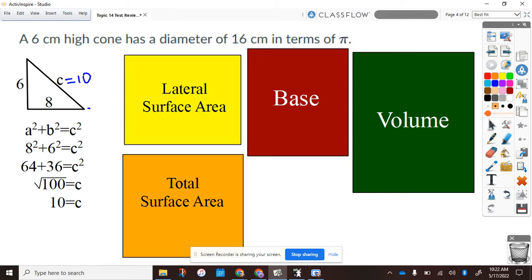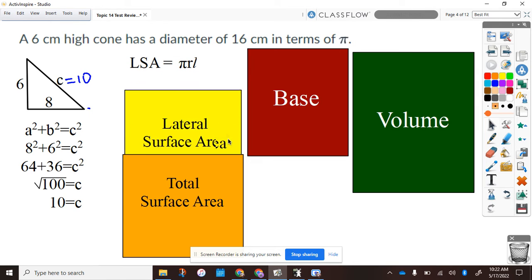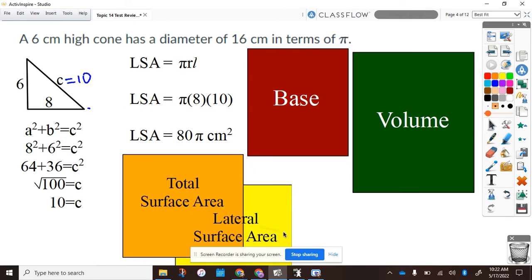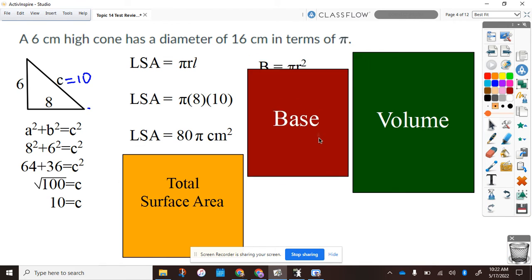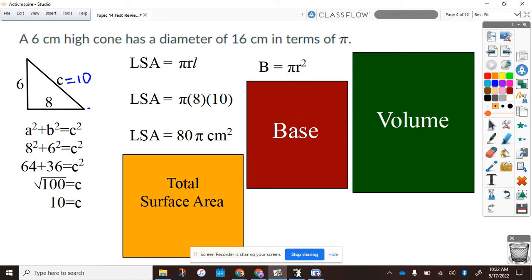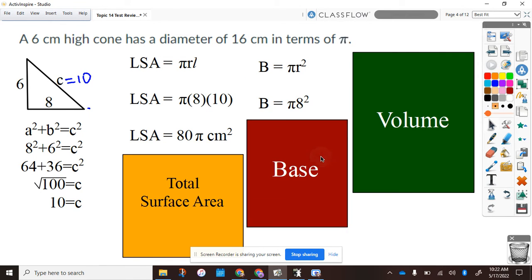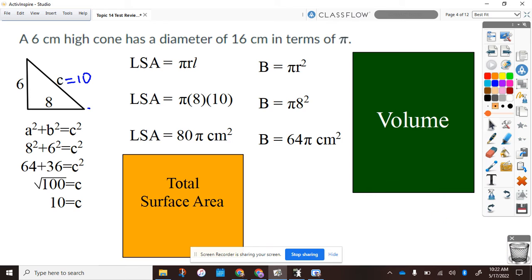Okay? If you have the slant height, then lateral surface area is pretty easy to come by on a cone. Lateral surface area is just pi RL. So it's just pi times 8 times 10. It's 80 pi. Total surface area, you're going to have to also include the base, your capital B, which on a cone is pi r squared. So it's pi times 8 squared, that's 64 pi.